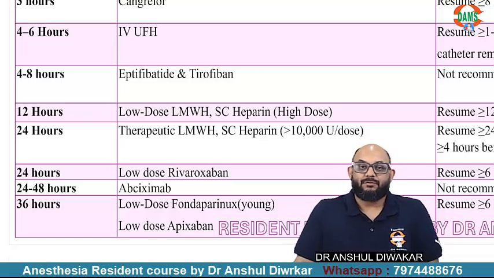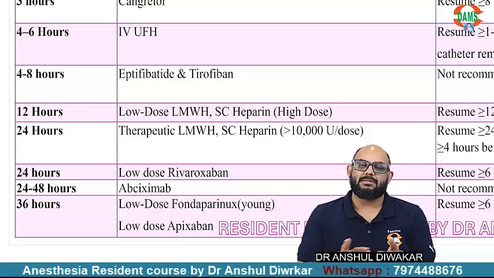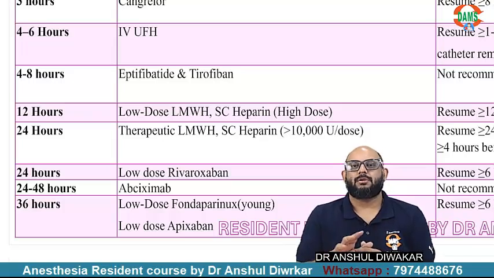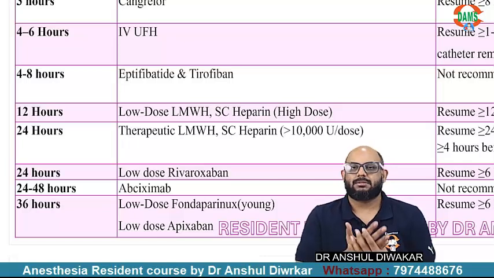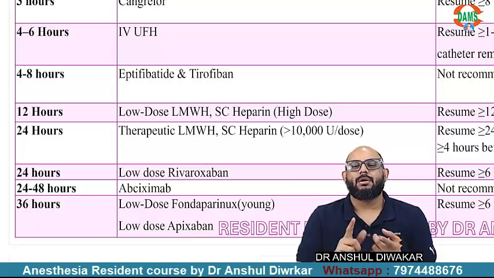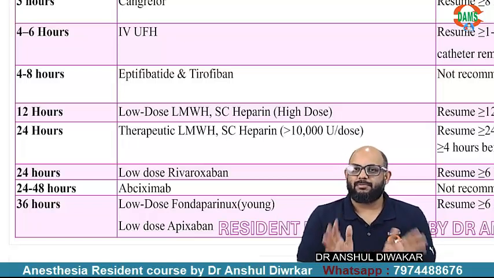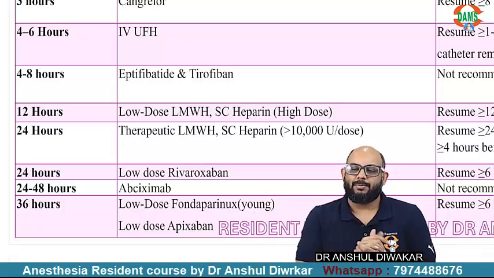So if at all you have to remember, at least remember the unfractionated heparins, the low molecular weight heparins, the warfarin, prasugrel, clopidogrel, aspirin, and your oral anticoagulants. These are the mandatory. The other antiplatelets, tirofiban, eptifibatide, cangrelor and abciximab, if you can remember, fine. Fondaparinux has everything reversed. So if you want to remember it as a unique point, then that is also fine, right?